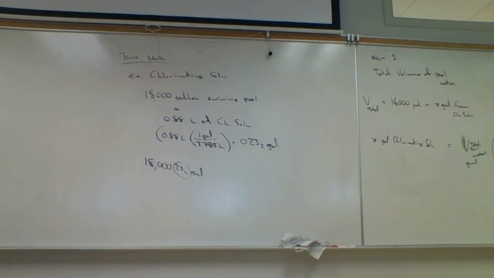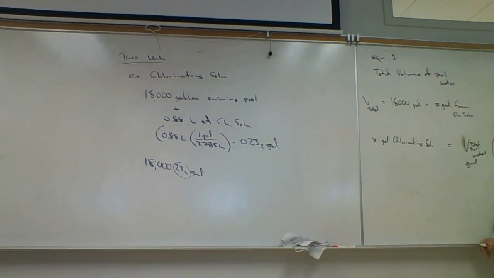And then from milliliters of chlorinating solution to liters, and we stopped there. We need to do one more step. The one more step we need to do is we need to go from liters of chlorinating solution to gallons of chlorinating solution, and then we're done. And so we're going to have the number of gallons of chlorinating solution that we have.